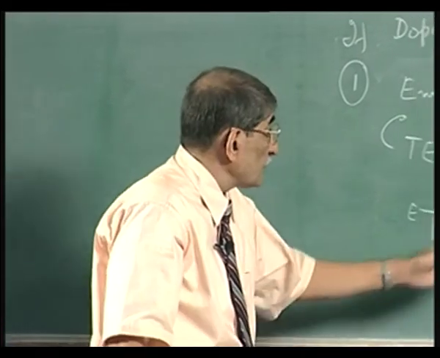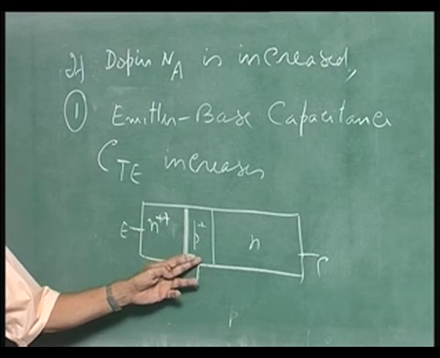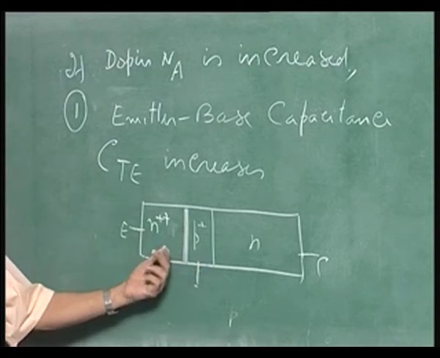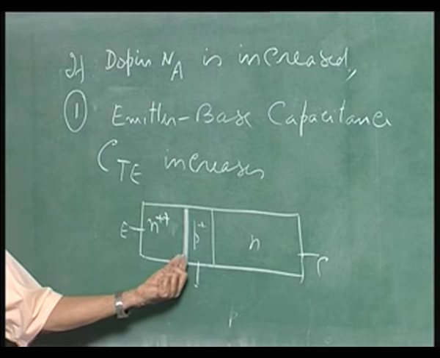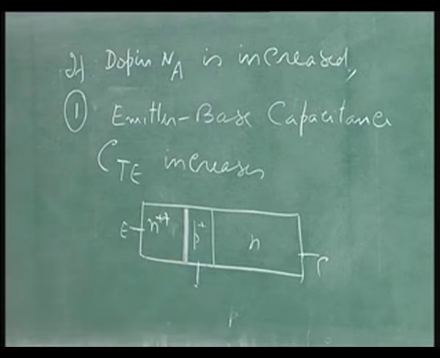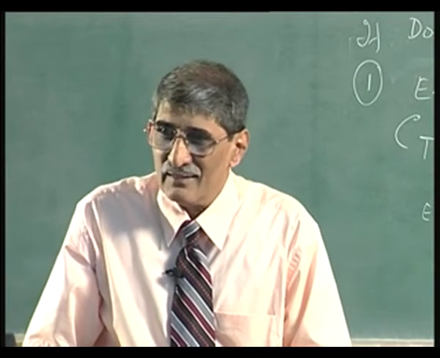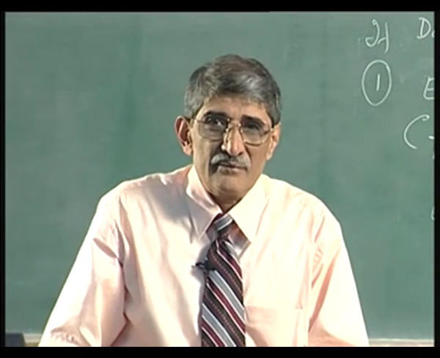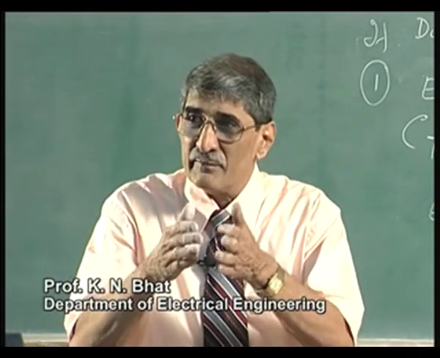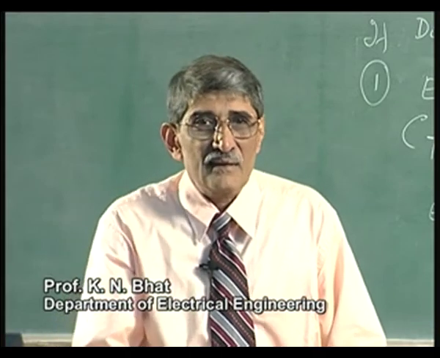The other effect is if you go too much into this doping increase, in both of them, the width becomes small. That is why you go to 10 to the 19, the upper limit comes up because of that. At 10 to the 19, the CT becomes worse. Even if you do not care about CT, there is one more parameter which comes up. The depletion layer becomes so narrow that there will be tunneling current.